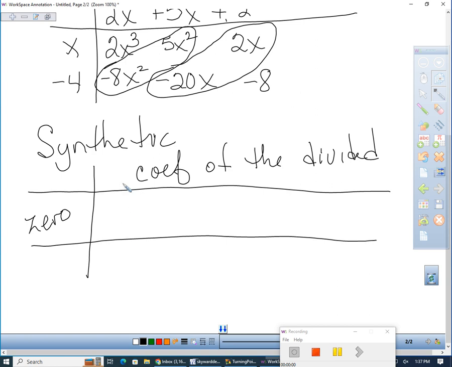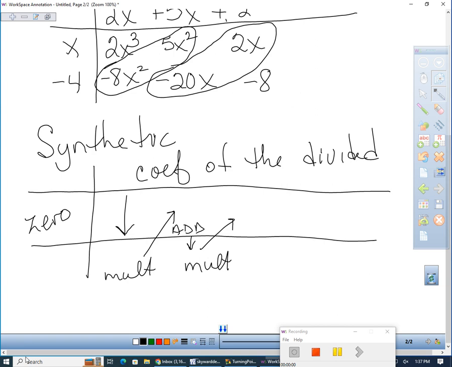Okay? We're always going to bring our first coefficient down, and then we're going to multiply. And it goes here. Then we add, and it goes here. Then we're going to multiply, and it's going to go here.